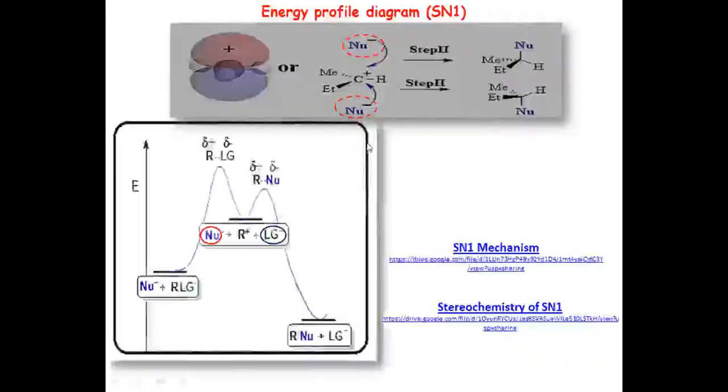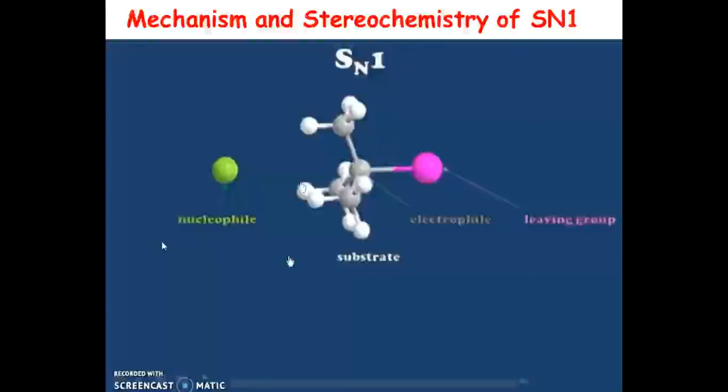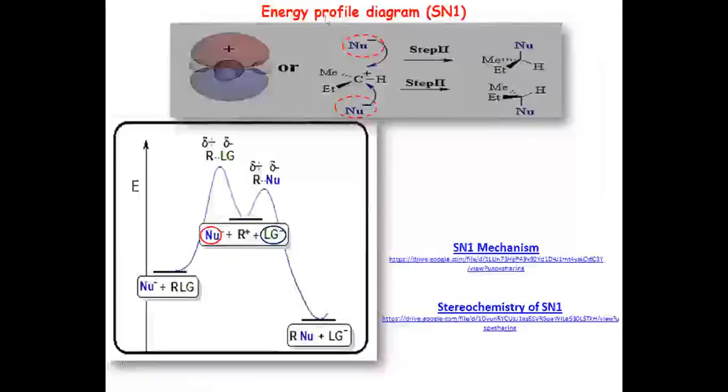So this is your reaction, what you have just seen. This is your sp2 carbocation. Nucleophile is approaching it, and you get the product. And in the animation we saw that there are two maxima. One is the first transition state, where the bond between the carbon and the leaving group is partially broken.